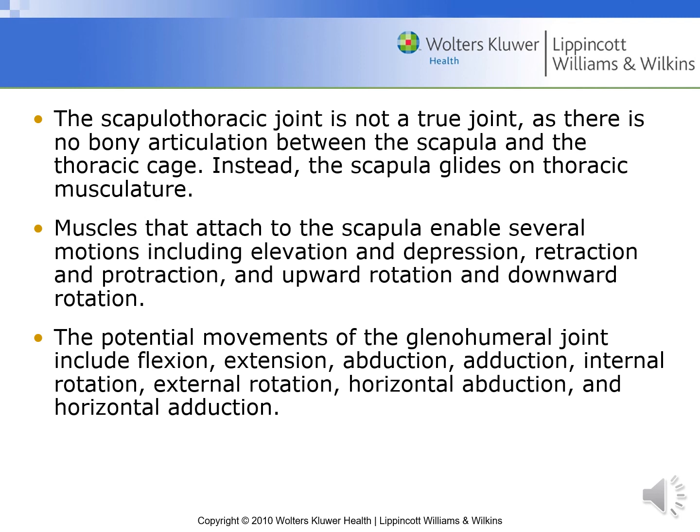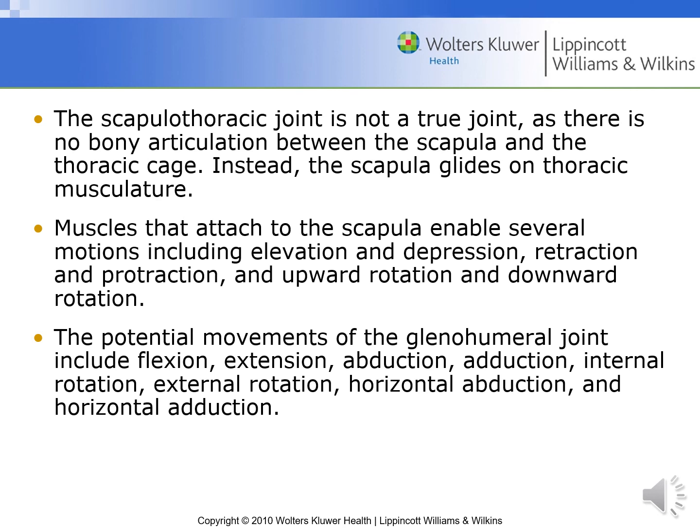The scapulothoracic joint is not a true joint, as there is no bony articulation between the scapula and the thoracic cage. Instead, the scapula glides on thoracic musculature. Muscles that attach to the scapula enable several motions, including elevation and depression, retraction and protraction, and upward rotation and downward rotation.